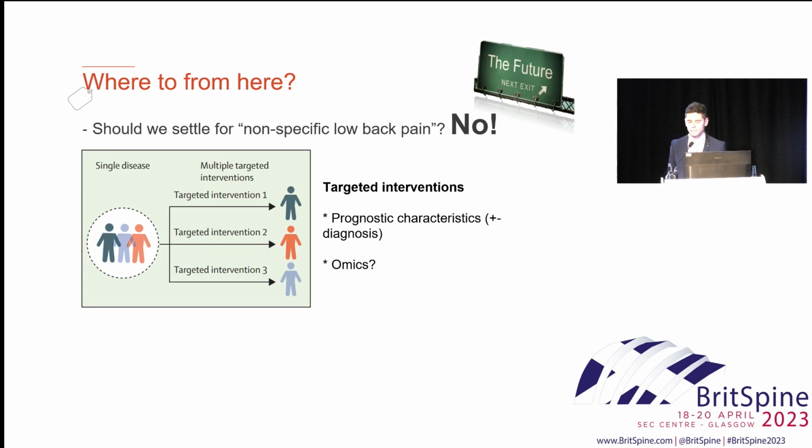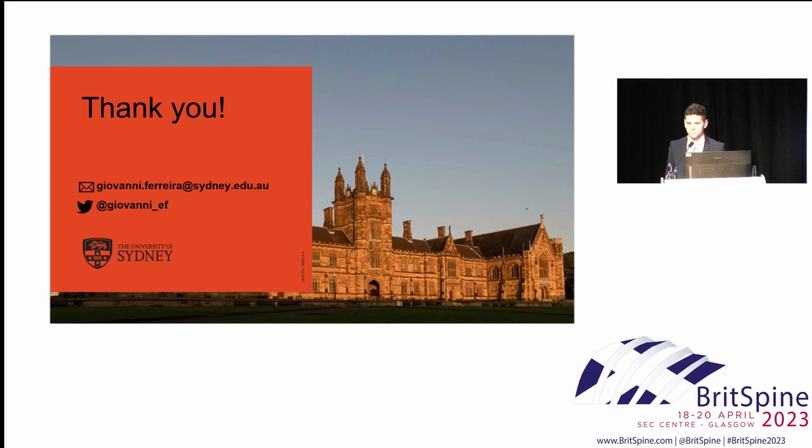It may be that diagnosis, as we now know, might not be as important for the tailoring of interventions, or it might be that in the near future we might be able to develop interventions that are targeted to specific diagnoses, and that will be highly effective. That'll be a great thing to happen, and I'm hopeful that we're getting there. Thank you.